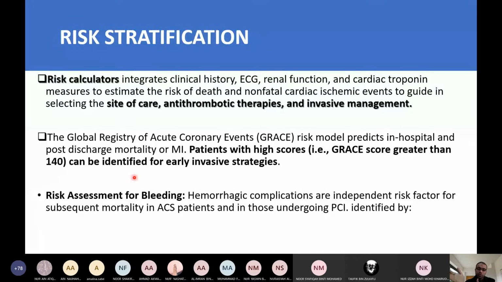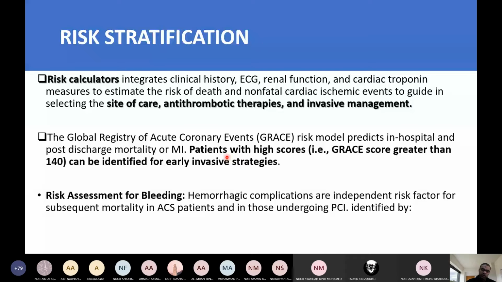Closely related to this one, the patient also has to be assessed for the risk of bleeding, which is maybe the very common complication in ACS. So bleeding tendency or bleeding risk is also one of the points to be considered when you assess the overall risk of the patient.